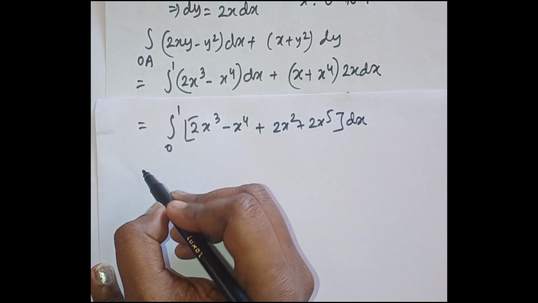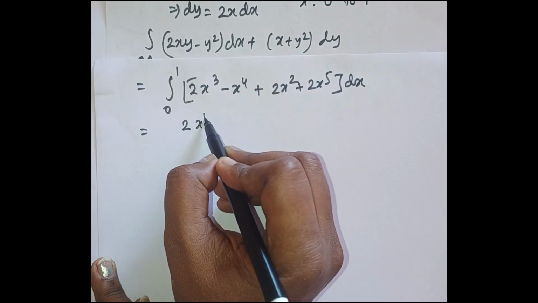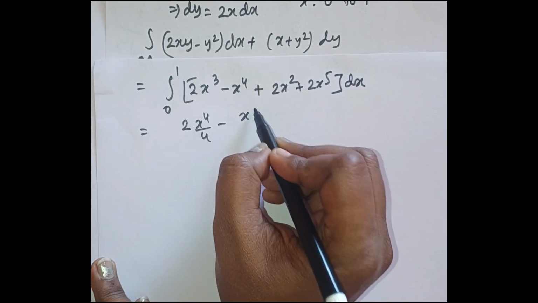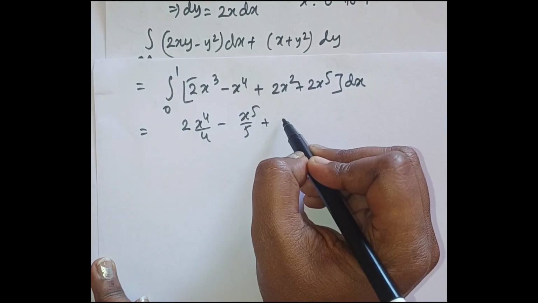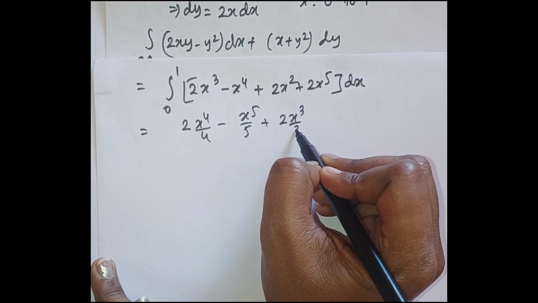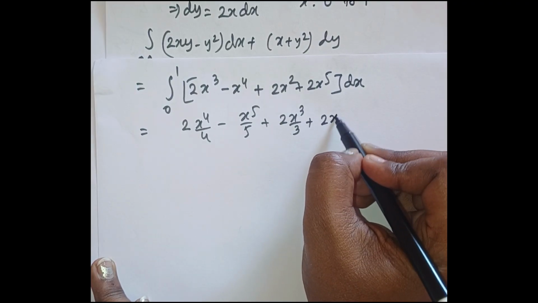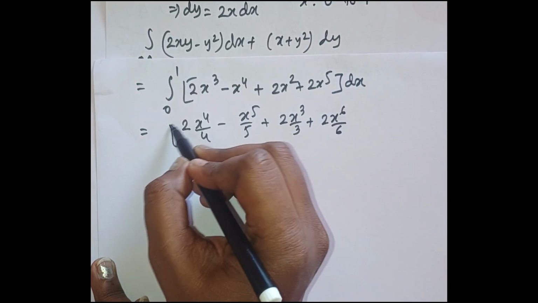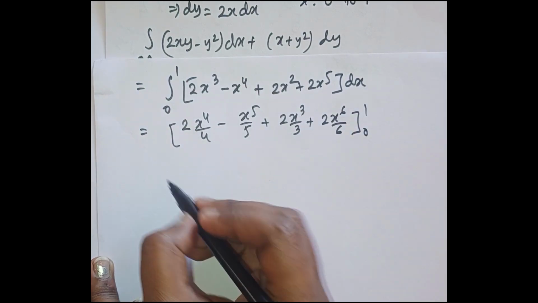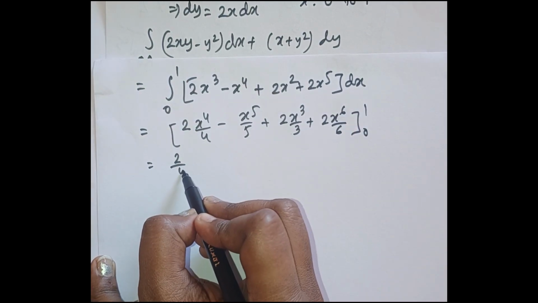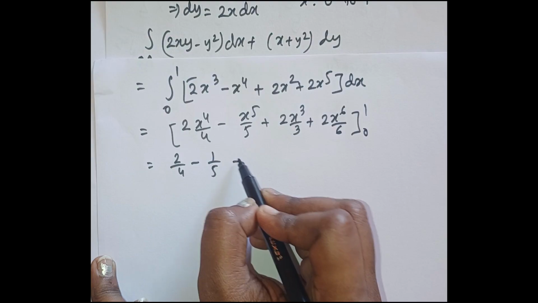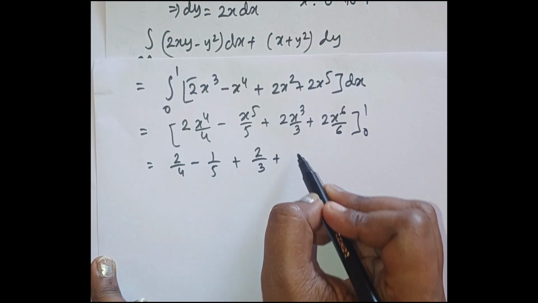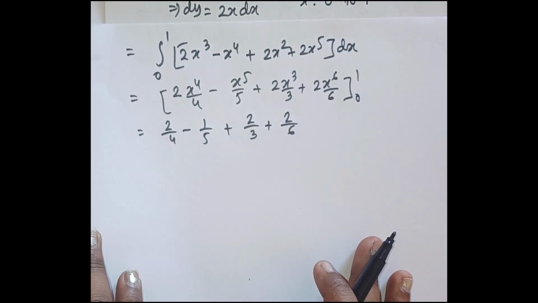So if we integrate, this will be 2x to the power 4 by 4 minus x to the power 5 by 5 plus 2x cube by 3 plus 2x to the power 6 by 6, from 0 to 1. If we put the value 1, then 2 by 4 minus 1 by 5 plus 2 by 3 plus 2 by 6. And for 0, all the values will be 0.